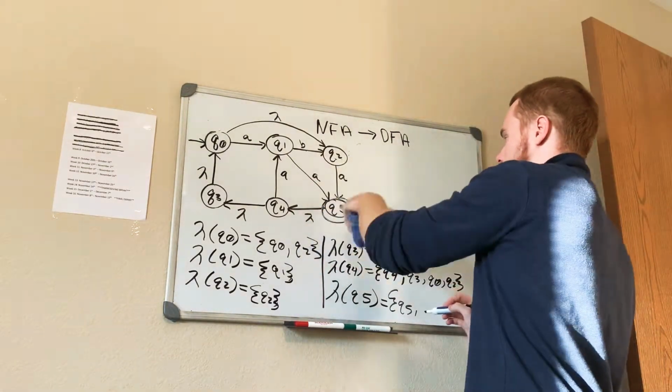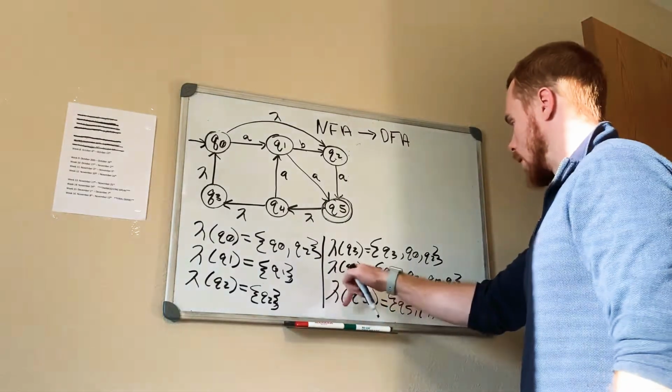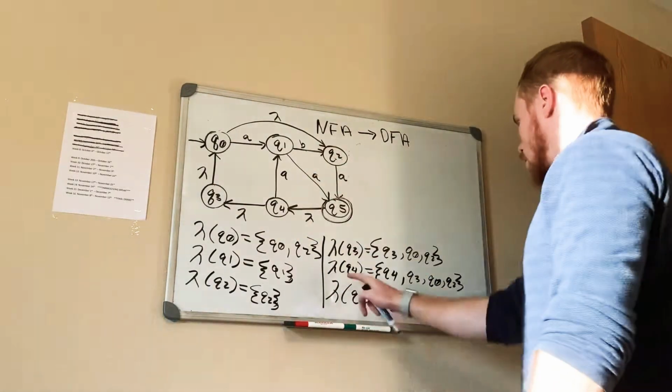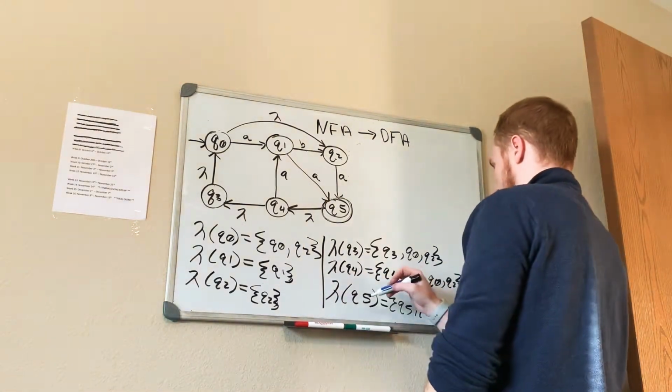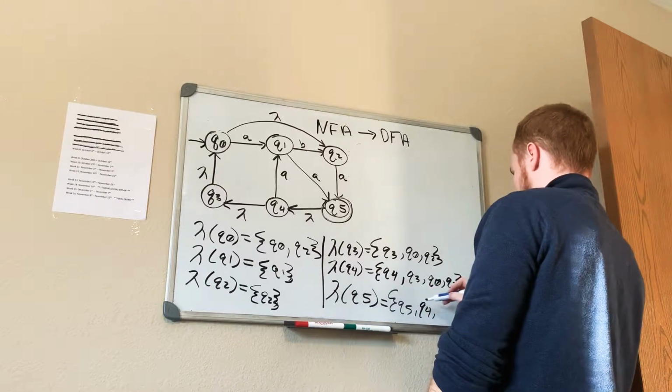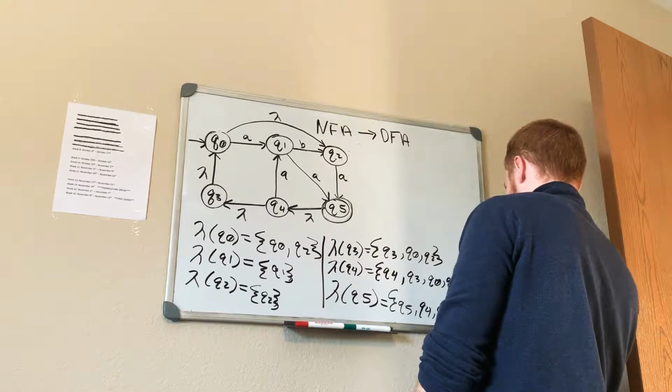We can't really branch out to anything else except for Q4. So we know that we can pick up all the lambda closures, or all the free rides, that lambda closure of Q4 had. So we're missing Q3, Q0, and Q2.